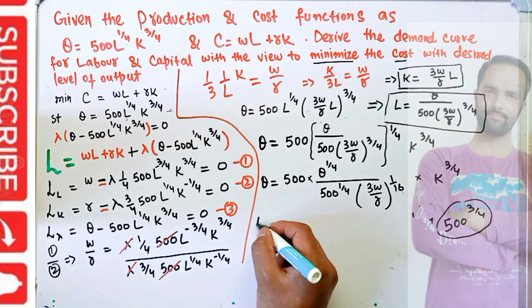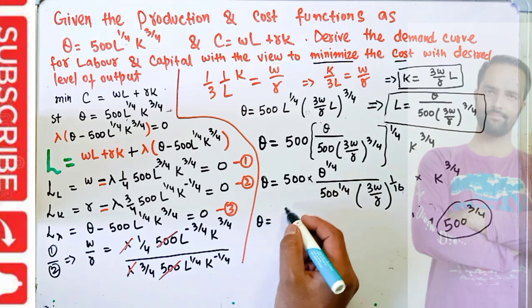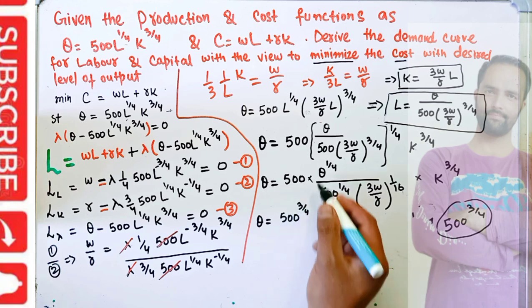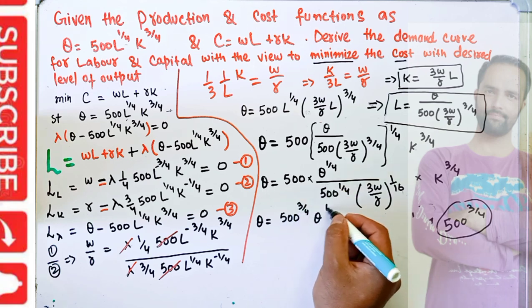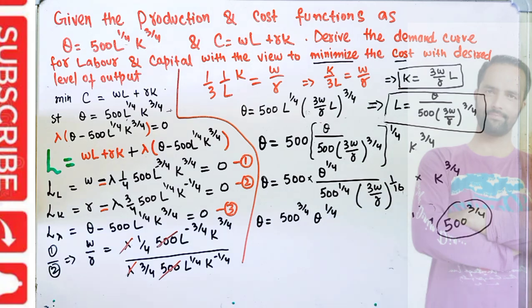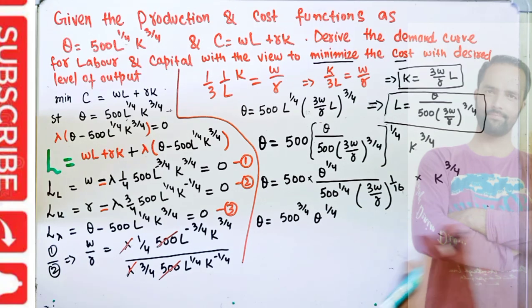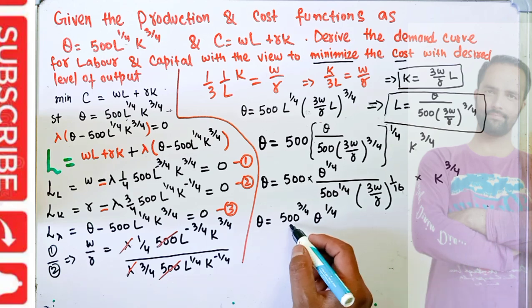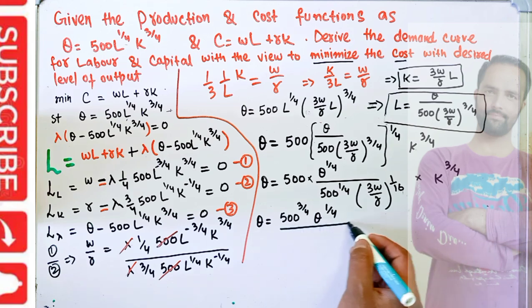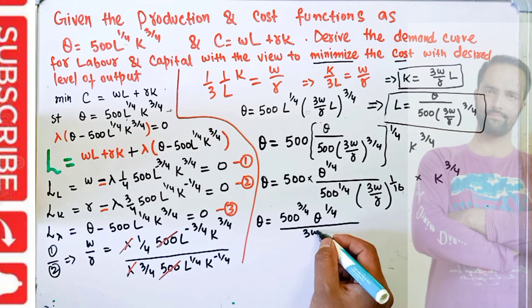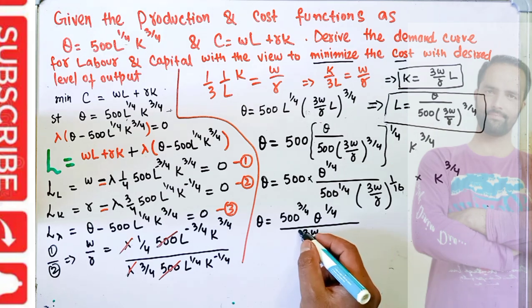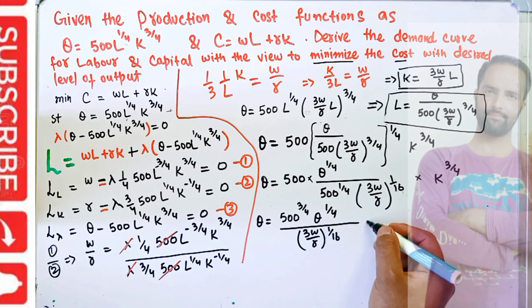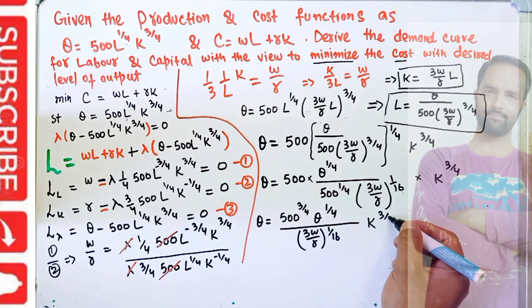So I can write here Q is equal to 500^(3/4), then I have Q^(1/4) divided by (3W/R)^(1/16) into K^(3/4).